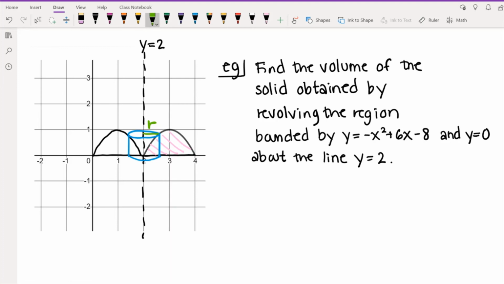Let's look at where we drew the cylinder. You might estimate that x is probably equal to about, let's say 2.6. So this whole distance here would be x. X in this case is 2.6. X is literally the x value that we're at when we're drawing this cylinder. And that's not equal to the radius.